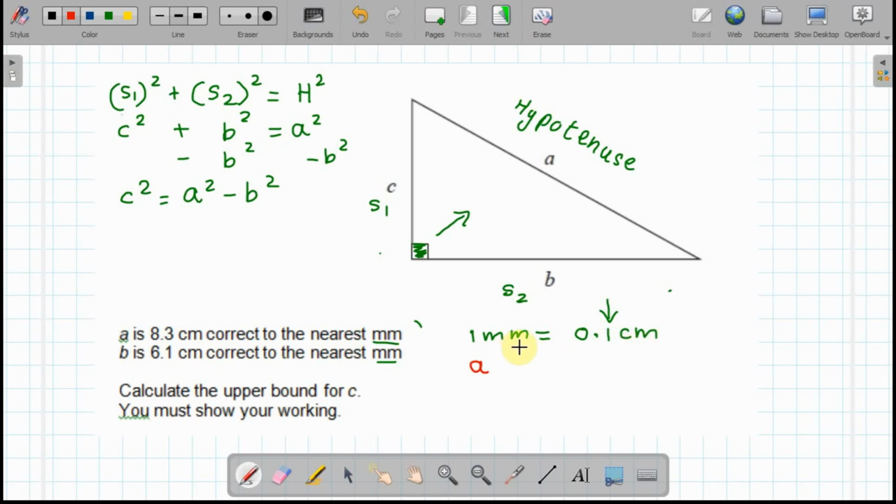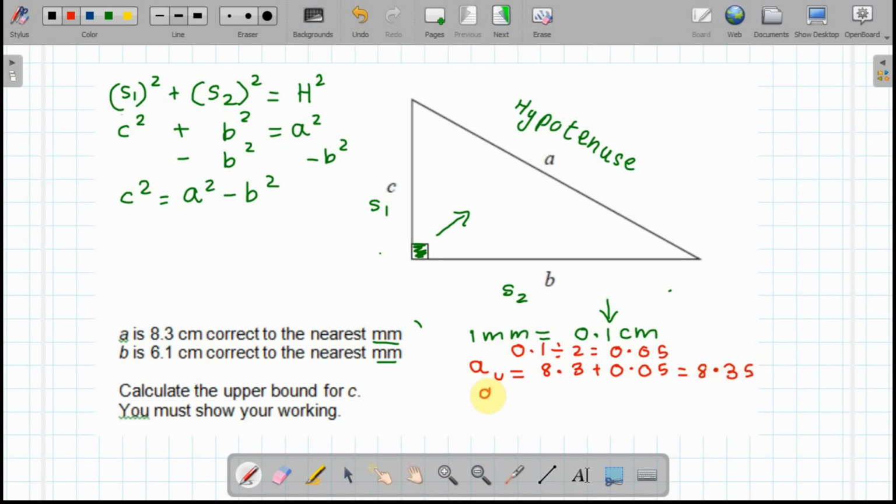I'm going to halve that degree of accuracy, 0.1 divided by 2 is 0.05. So to find the upper bound of A, I take the value of A, which is 8.3, and add 0.05 to it, which gives me 8.35.